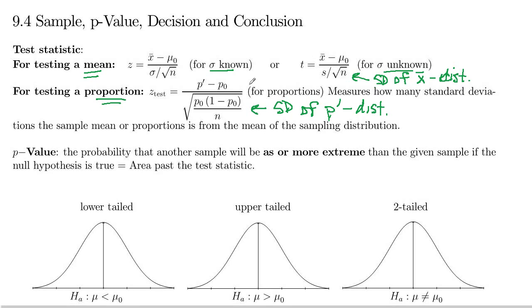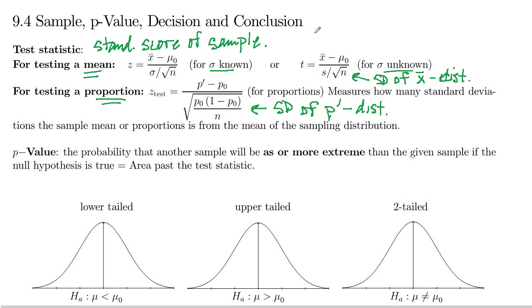And in both of these cases, this is a z-score or a t-score of the sample. So the test statistic here is the standard score of the sample evidence, z or t.